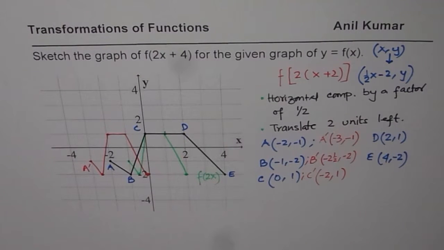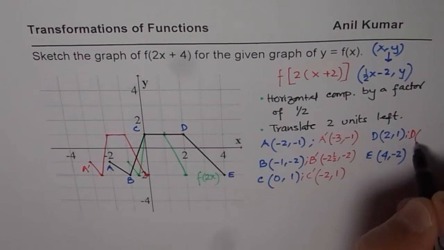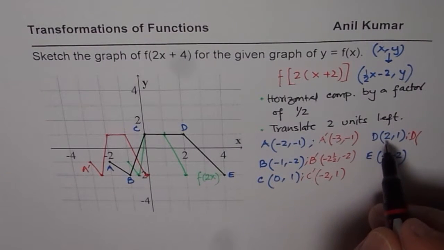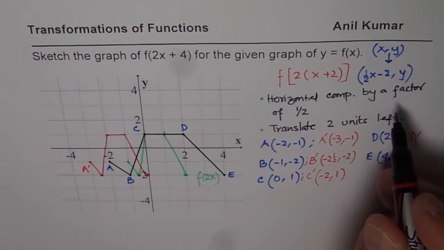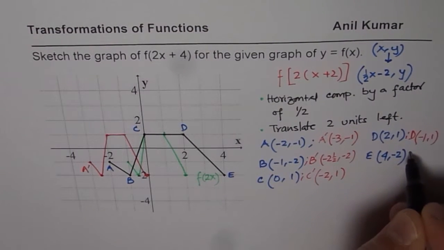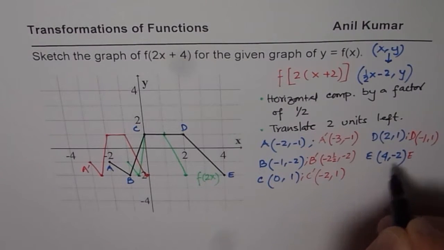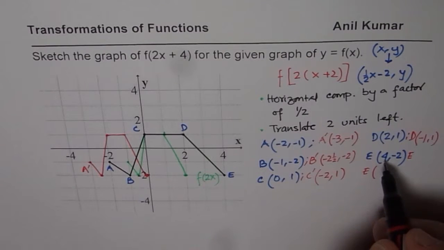Similarly you can get D and E. For D, half of 2 is 1, and 1 minus 2 gives us minus 1, so the D point will be at minus 1, and the value of y remains 1, right? As far as E is concerned, half of 4 is 2, and 2 minus 2 is 0 for us.